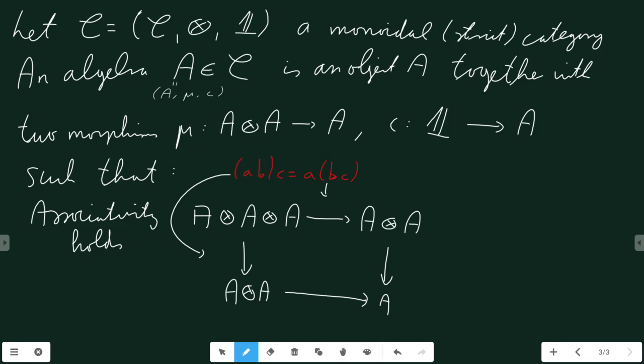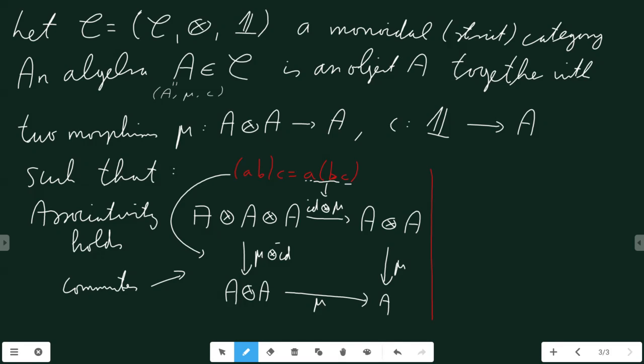This one here is just saying I first multiply B and C, and then I multiply with A. So I'm taking identity tensor my multiplication, and then I multiply, right? And here's the other way around. I take multiplication on the first two factors, and then identity, and then I multiply. And this should commute. So this is just associativity in terms of diagrams.